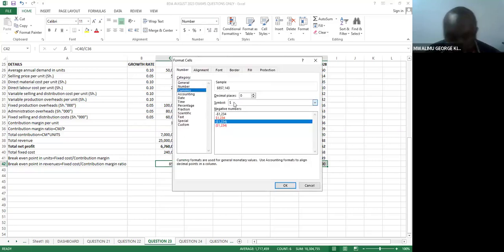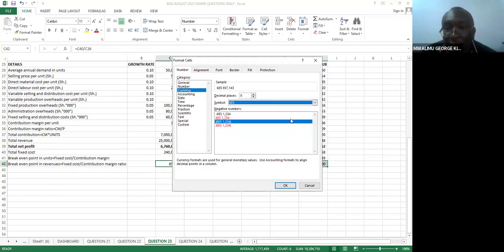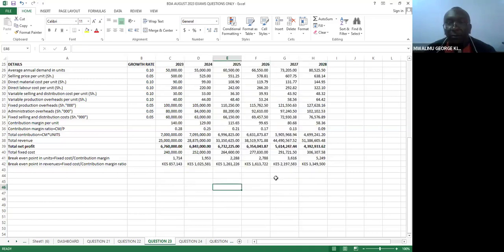So you come here, Kenya shillings. There are no decimals, so okay. So that's okay. Although now that you put it here, it is also good to put it on all the other figures except the units, but you can as well leave it.